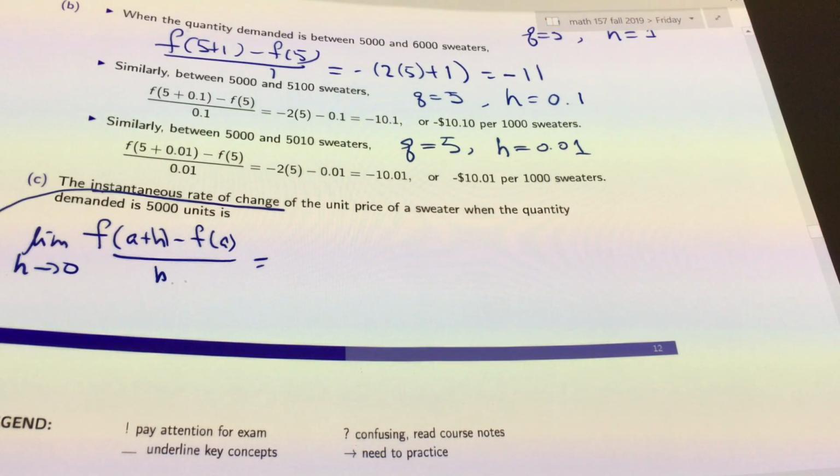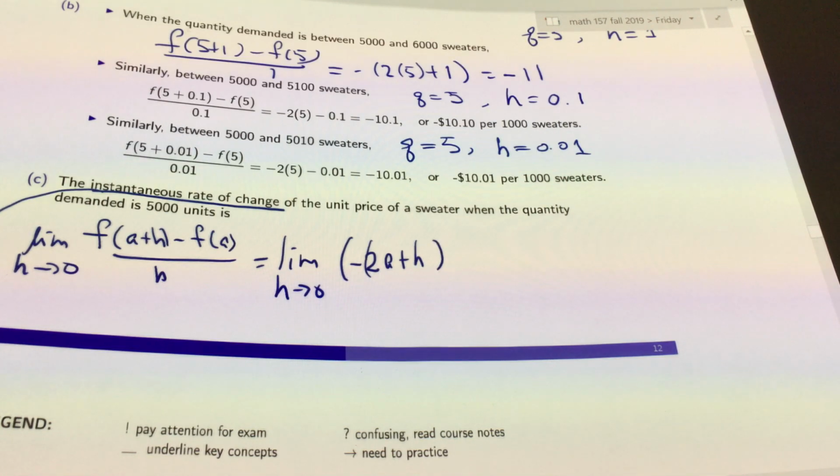But in part A, I already simplified this one. So I'm going to use this. So in part A, this is negative 2a plus h. Okay. This is by part A. So you don't need to do the calculation again. And you compute this limit, a is independent of h. You plug in h equal to 0.